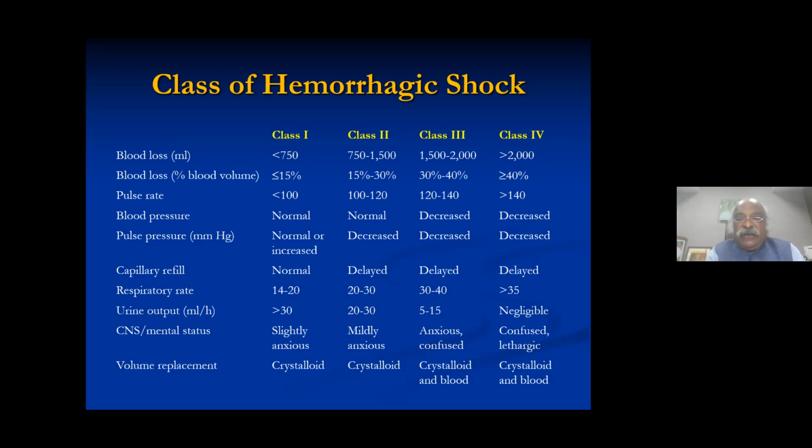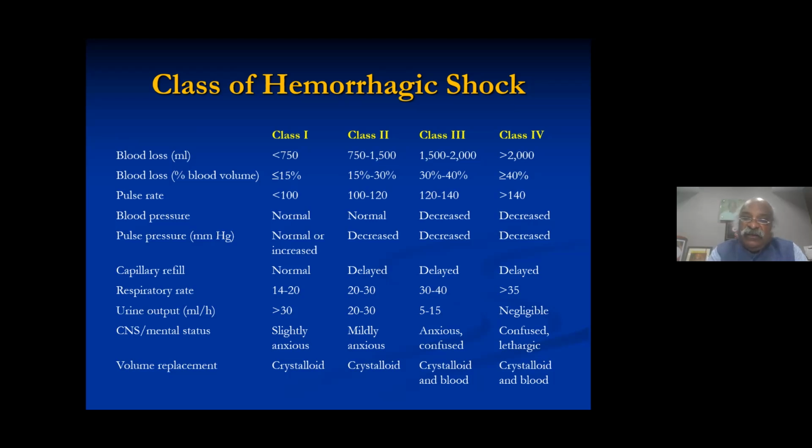Now, they have divided it into 4 different classes depending on the blood loss. Class 1 is less than 750 ml in an average 70 kg person, or percentage-wise, less than or equal to 15% of the total blood volume depletion.